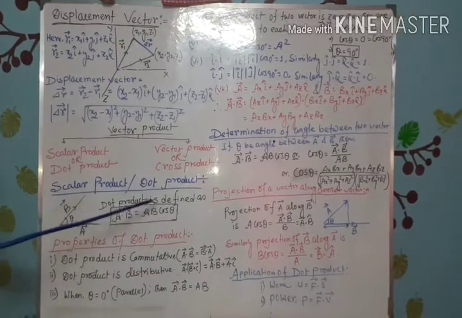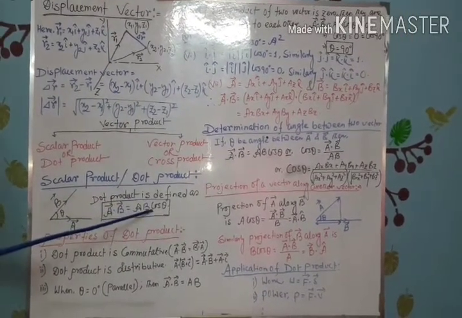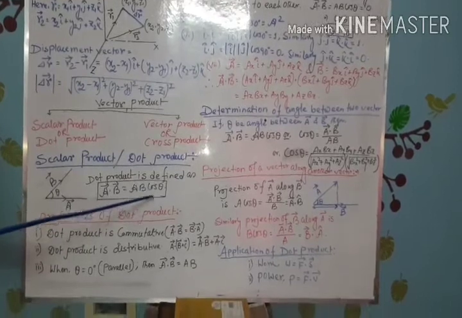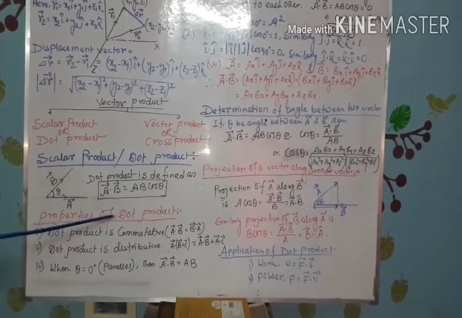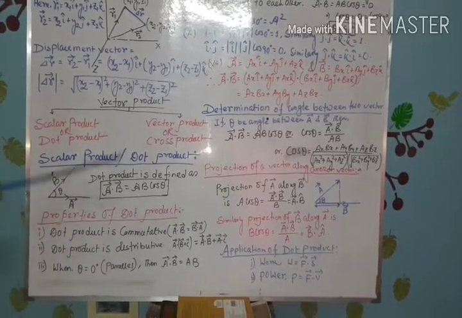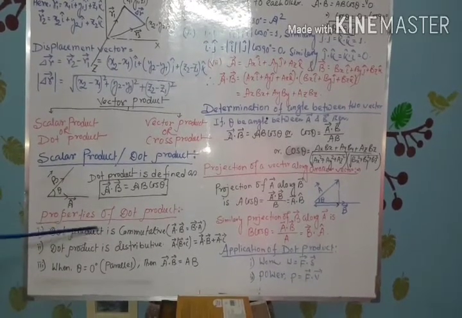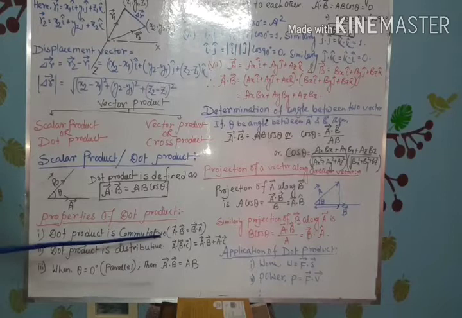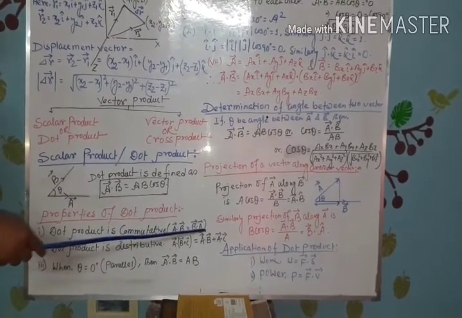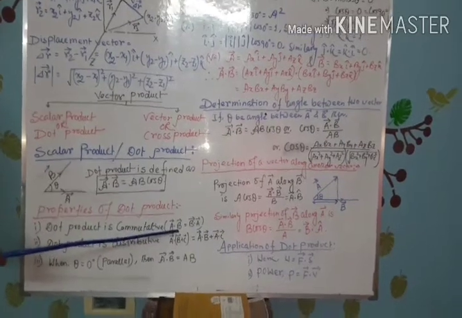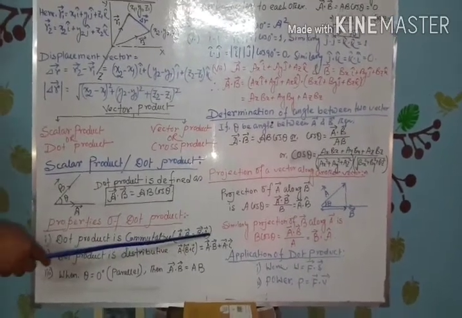Clear? Now this dot product has some important properties. You have to know all these properties. Number one, dot product is commutative. Commutative means A dot B equal B dot A. Means the result of A dot B and B dot A are equal.